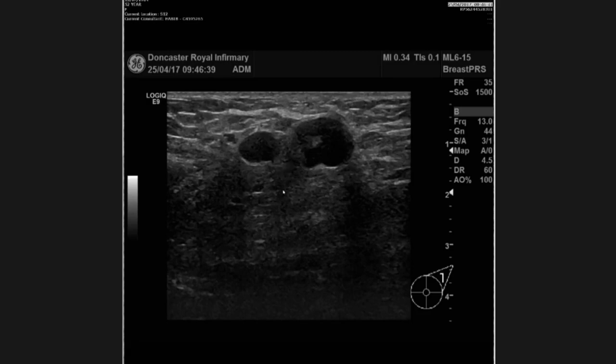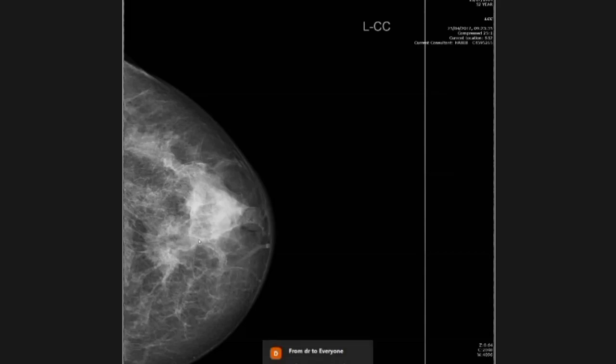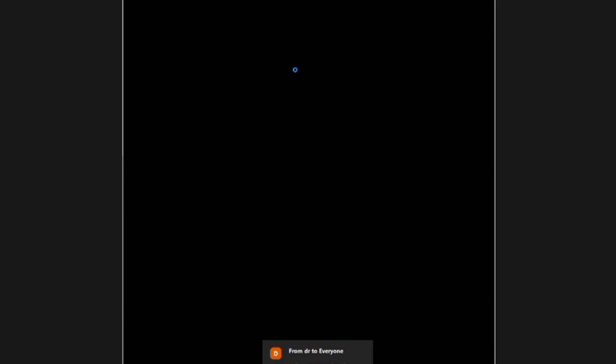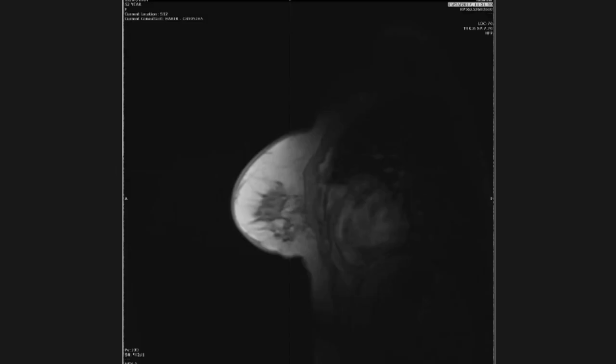So with this patient, as you said from the mammogram, it was difficult to actually get a definite size of the lesion. So we progressed to an MRI of the breast, just to see if we could assess the size of the tumor. Okay.